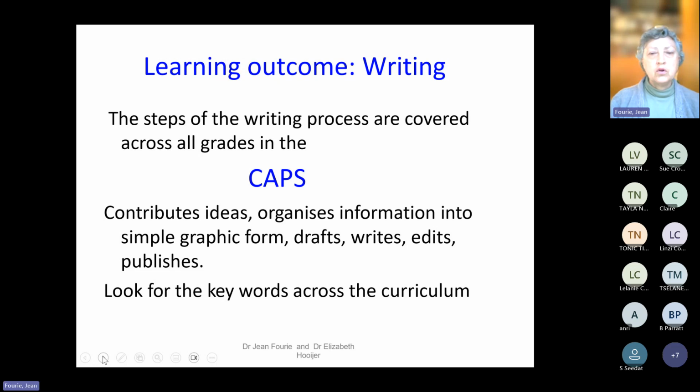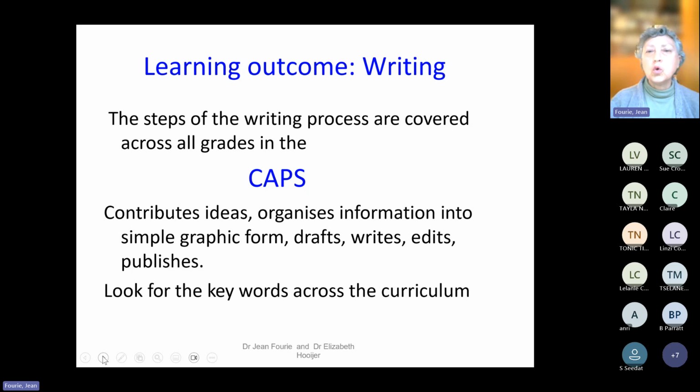If you look in the curriculum statement in any of the language curricula, you will see these particular keywords: looking for ideas, organizing information, putting information into graphic form, doing drafts, writing, editing, publishing work.